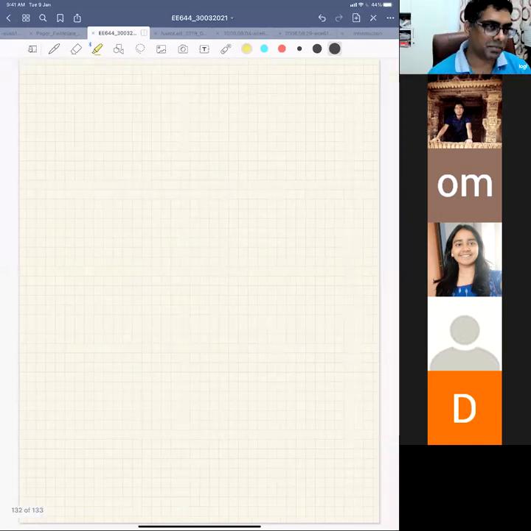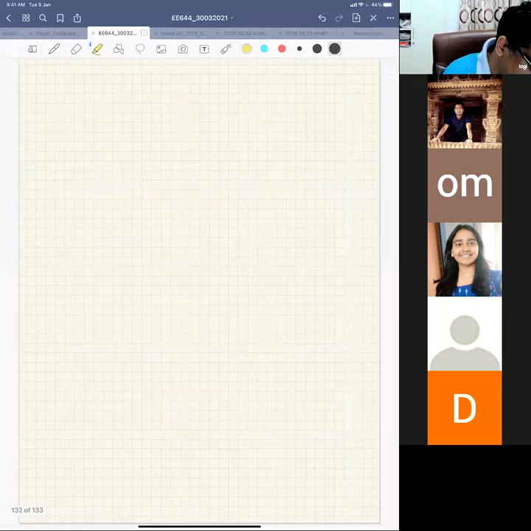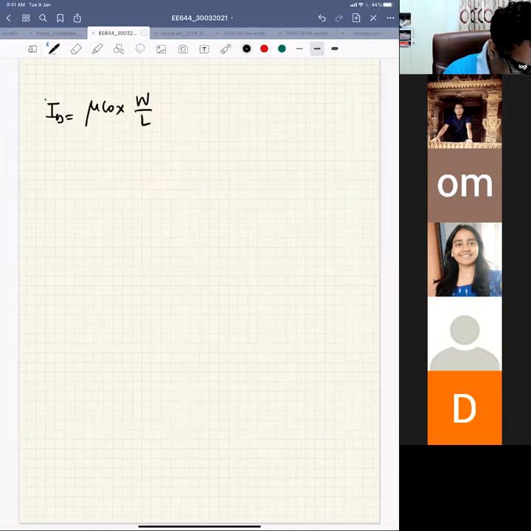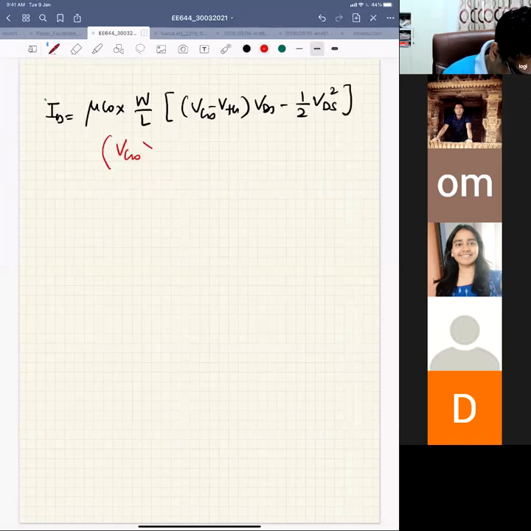Okay, so if I write down the equations here: mu Cox W by L times (VGS minus VTH) VDS minus half VDS squared. This is the linear region of operation, meaning VGS is greater than VTH, but VDS is less than VGS minus VTH.